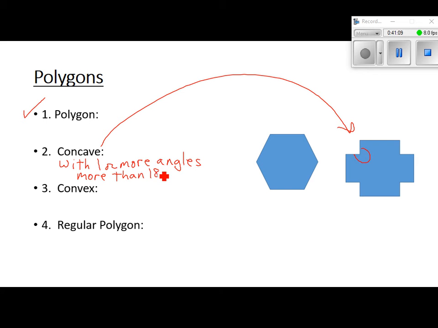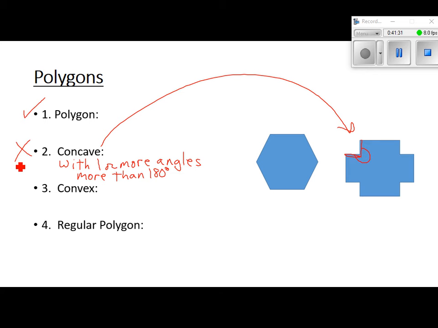How much is 180 degrees? A straight line. If I'm standing here and I turn 180 degrees, that's a half turn. See this angle right here, how it's pointing in? That's more than 180 degrees. That's more than just a half turn. That's what makes something concave.